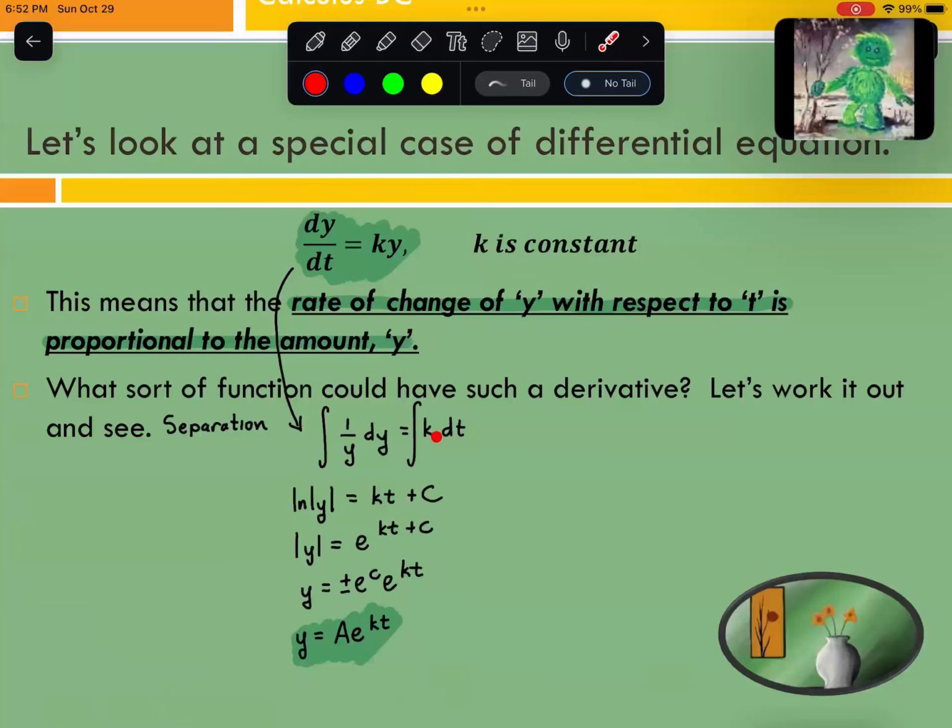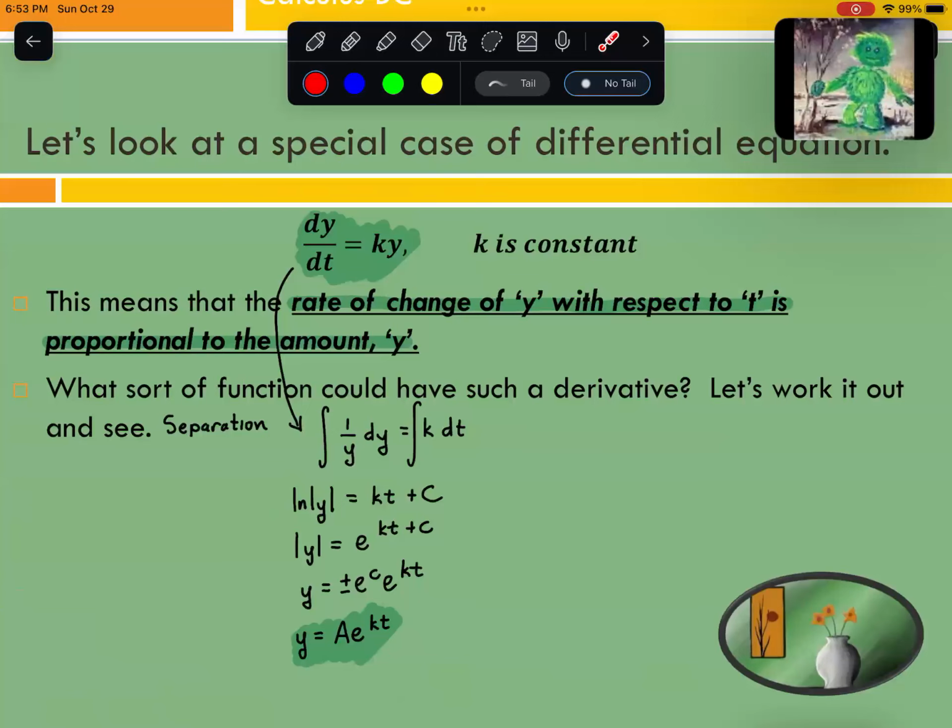We'll leave the k over there as well. Antiderivatives, we see a plus c. We're seeing some of the same steps that we saw last week algebraically to eventually get y by itself, confirming that y must equal a constant times e to the kt power. t being the variable, it's an exponent. So we've got our exponential model.